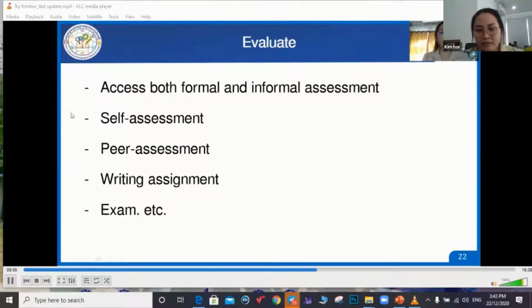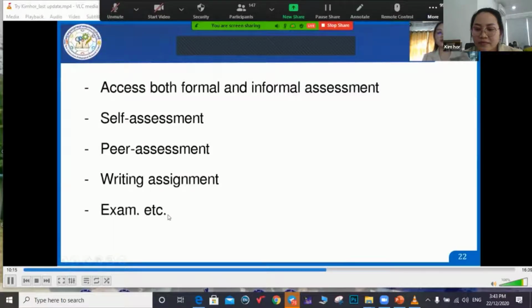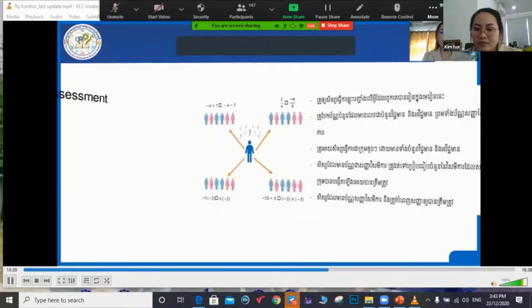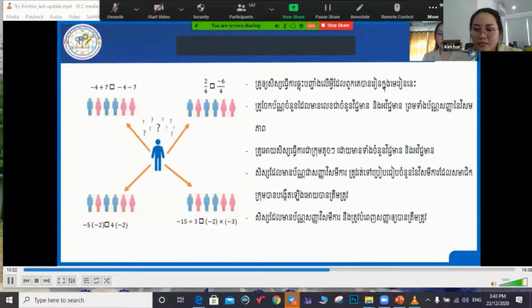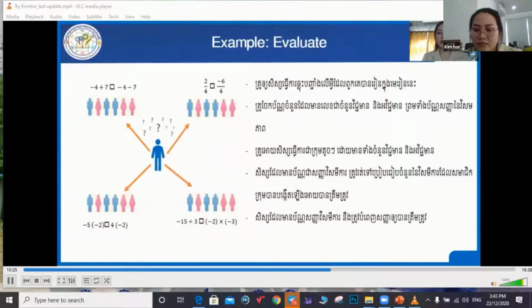And students can also do self-assessment. They can reflect by themselves, or they can work in pairs with their classmates, or teachers can create a writing assignment, or do an exam, or a demonstration, or create an educational game. As for my example, I use an educational game to evaluate my students' knowledge.